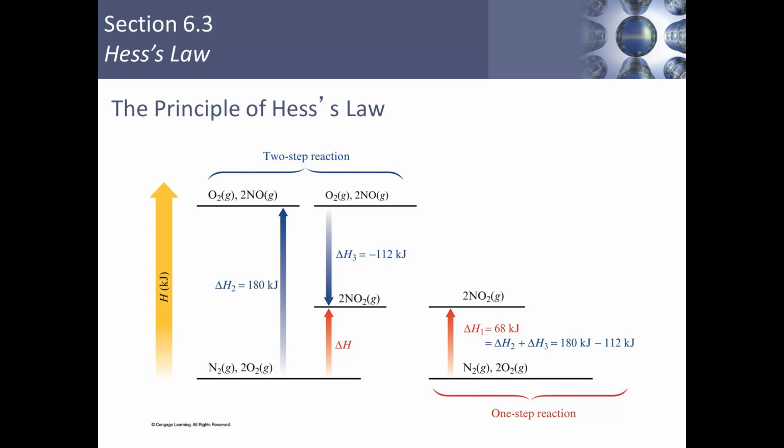The change in energy in going from nitrogen and oxygen to nitrogen dioxide is the same as in one step, where nitrogen dioxide is higher in energy by 68 kilojoules.